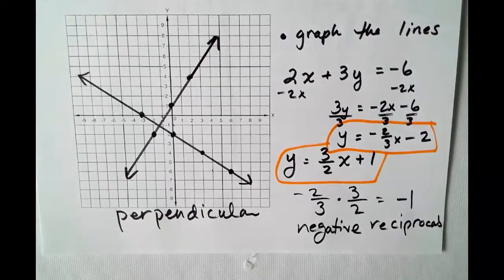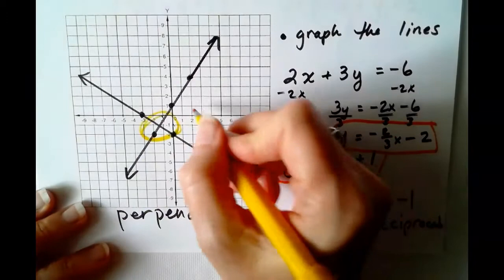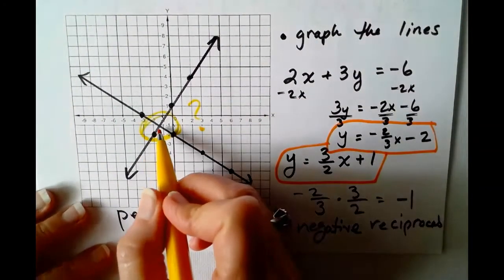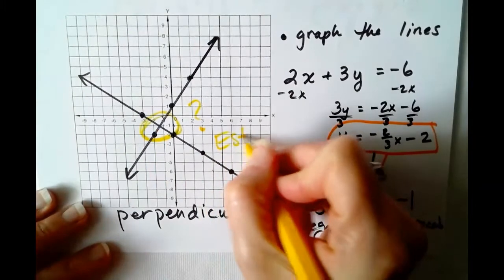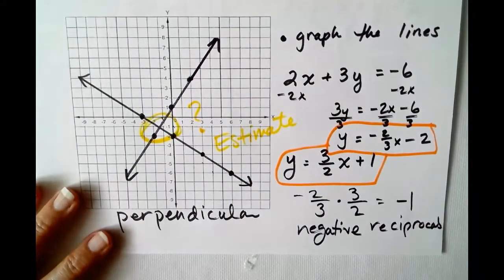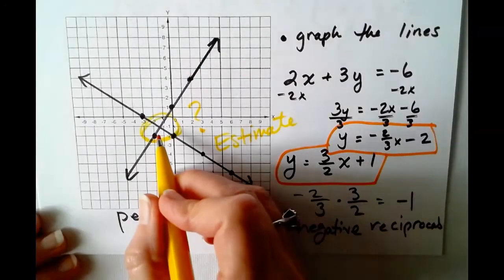But this is a great example of the failure sometimes of solving a system by graphing, because can we actually tell where the solution is? Now we can see it and we could maybe estimate what the solution is, but in this case, even though these lines are nice and they have nice intercepts, we can't tell where they cross.